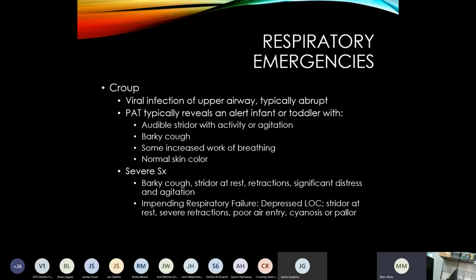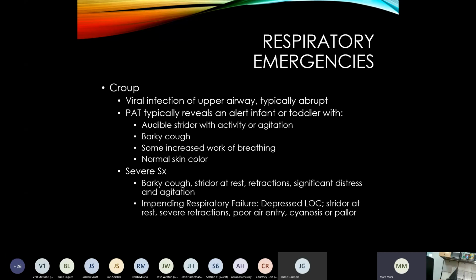Your assessment can present with an alert infant or toddler who is stridorous, especially with activity or agitation, which croup can cause them to be hypoxic, which is very agitating. They have a barky cough, increased work of breathing. They can have normal skin color.